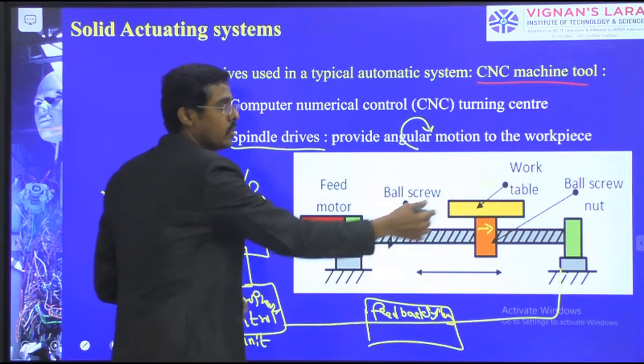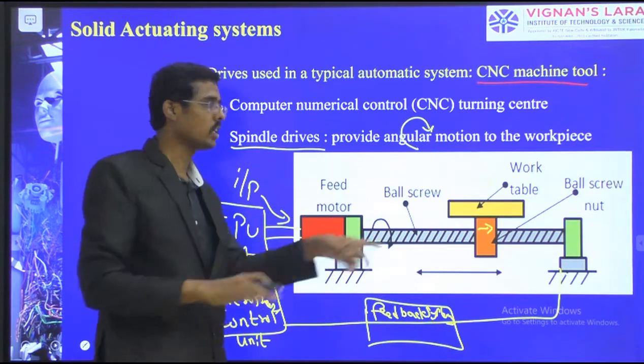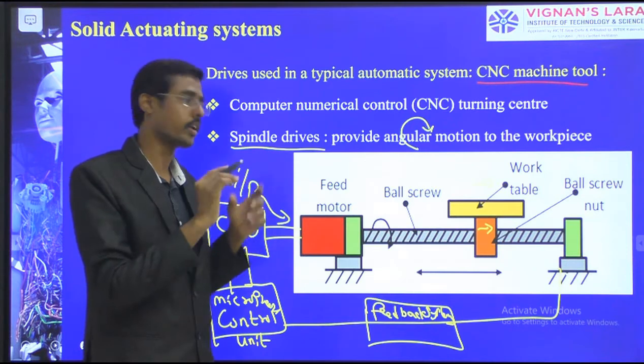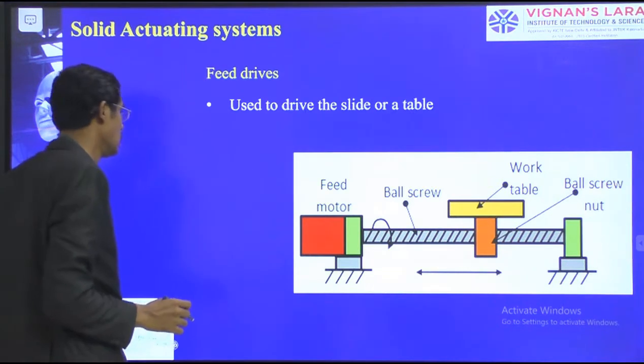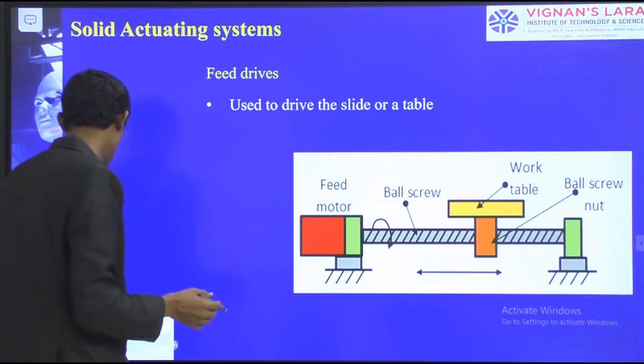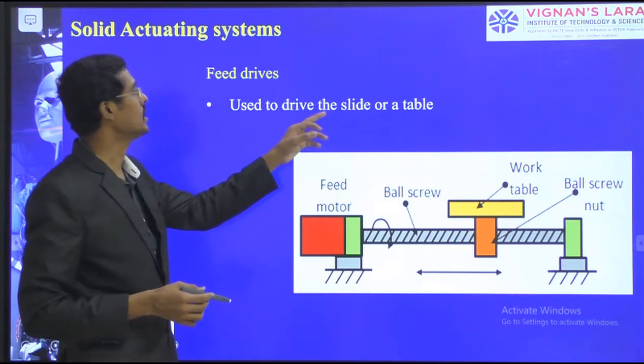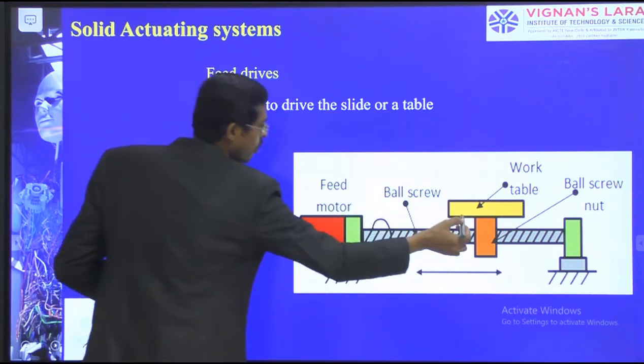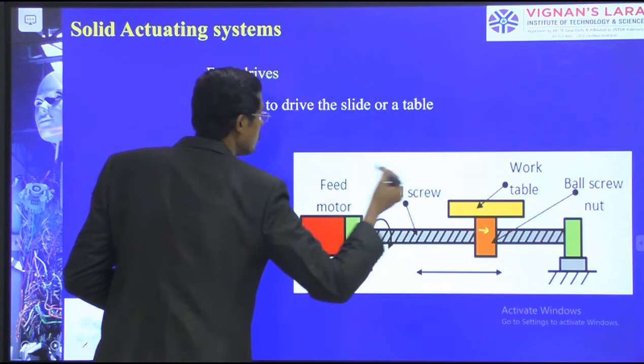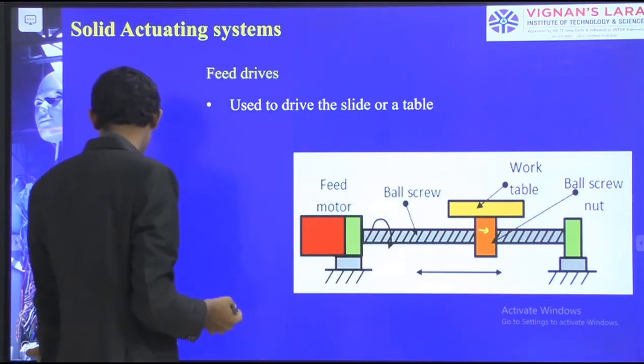Therefore, it is able to move or stop the work table at a specific point. So that is spindle drives, that is how the slide or the table is driven. This is a simple methodology you can understand.